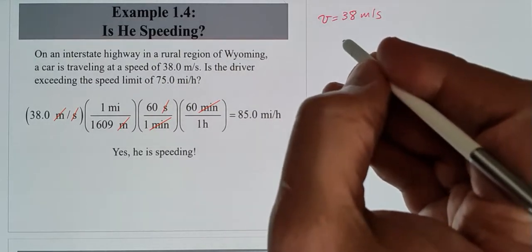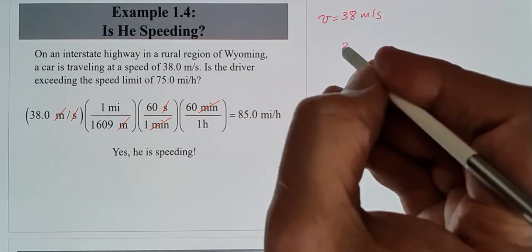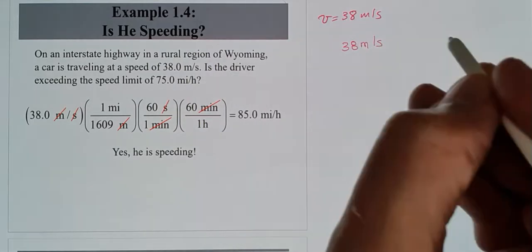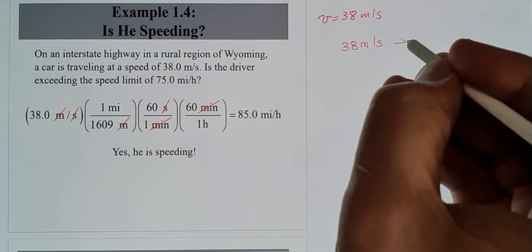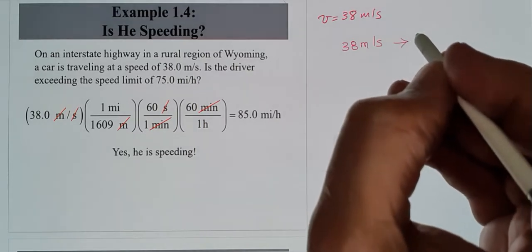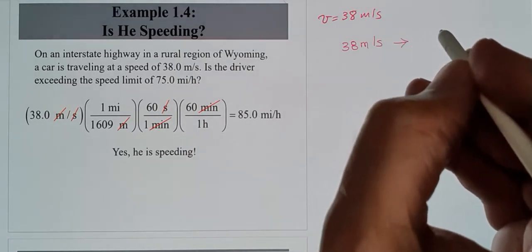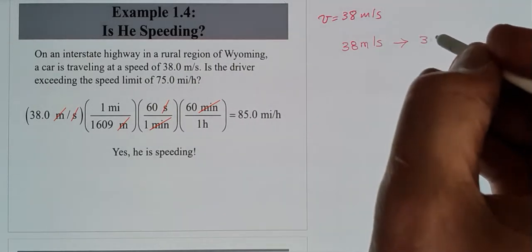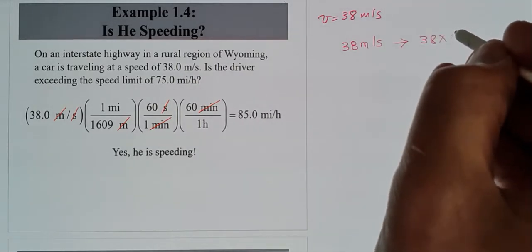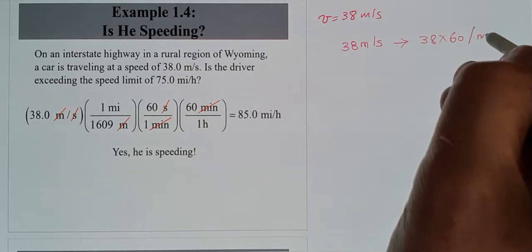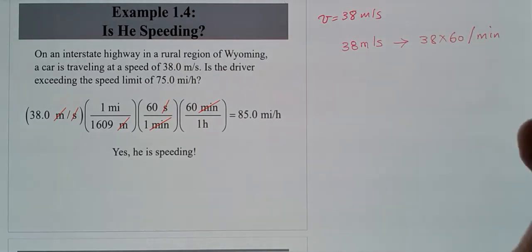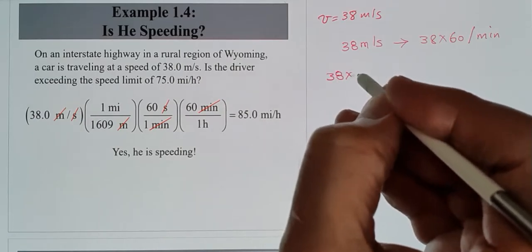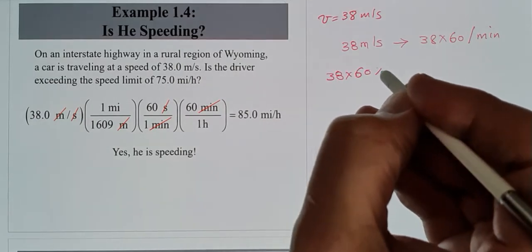The first one, we convert 38 meter per second. We will see how many meter per minute. It's 38 multiplied by 60 per minute. And per hour is 38 multiplied by 60 multiplied by 60.